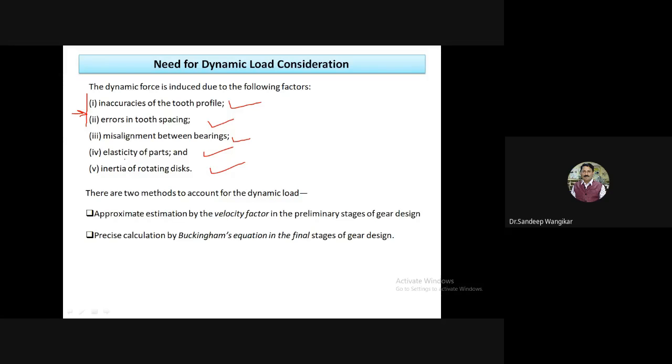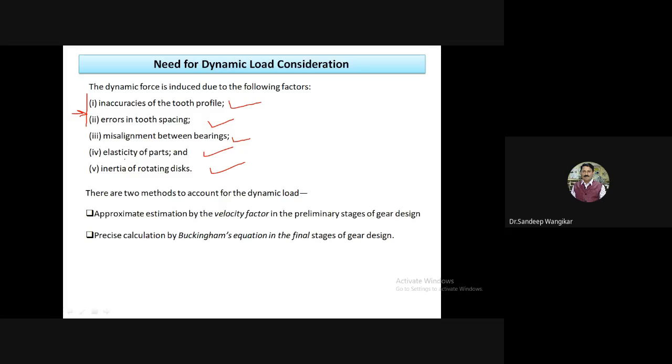Then elasticity of parts and inertia of rotating disc. Elasticity of parts, this is the concept of elasticity and plasticity. If the gear has some elastic properties, elasticity to regain its original shape and size after removal of forces, so it is subjected to some loads. If due to the loads it is getting deformed, it is not allowed. Due to this deformation, the tooth profile will not be as per requirement, and this will cause unnecessary dynamic load.